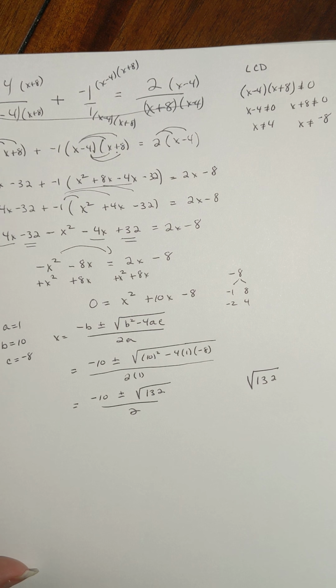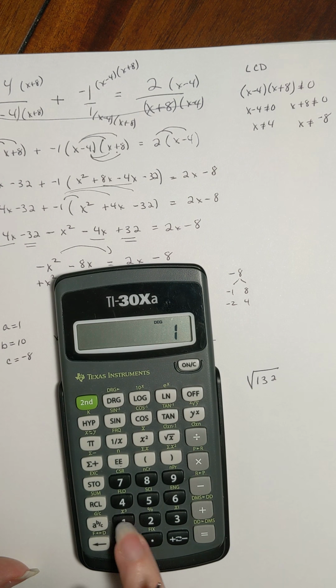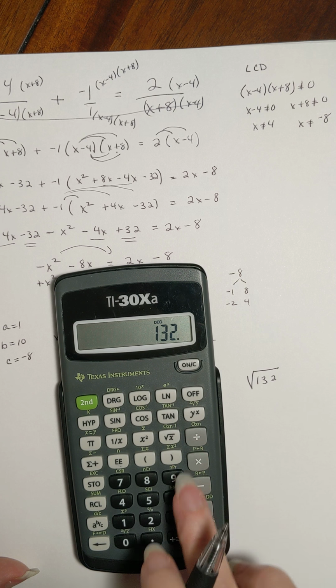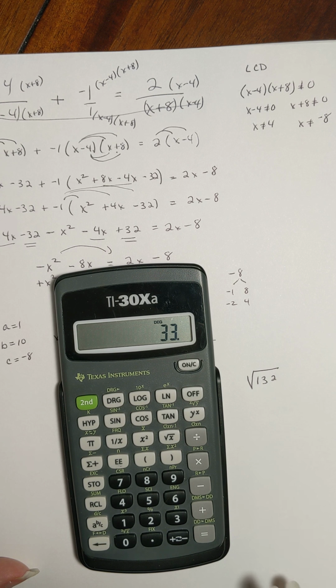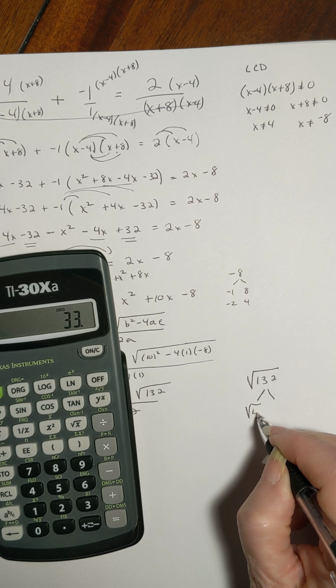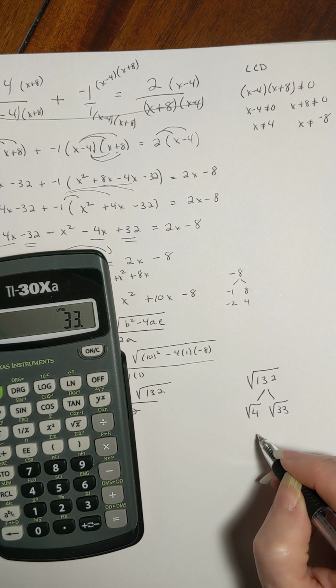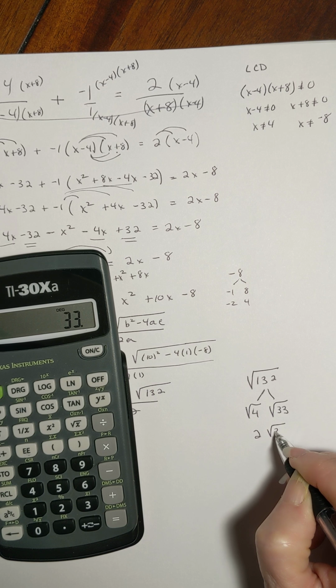Now, let's see if we can simplify the square root of 132. So let's see if 4 goes into it. So 132 divided by 4 equals 33. So this would be the square root of 4 times the square root of 33. And then I can take the square root of the 4, that's 2.